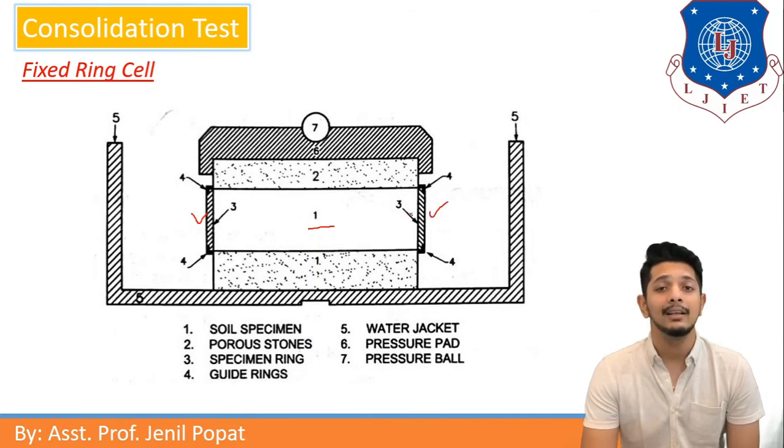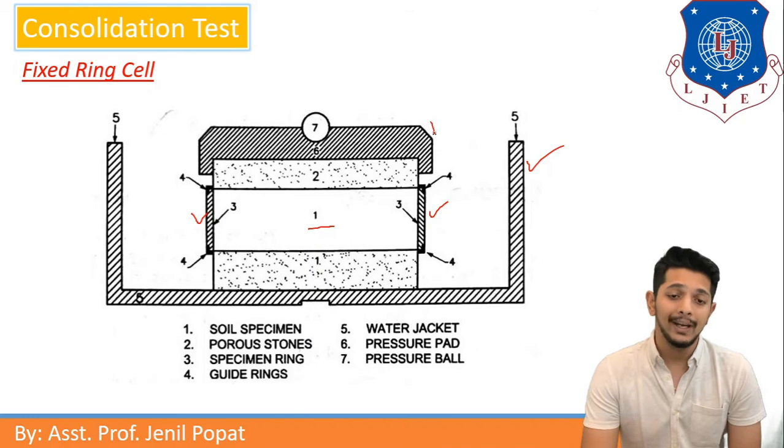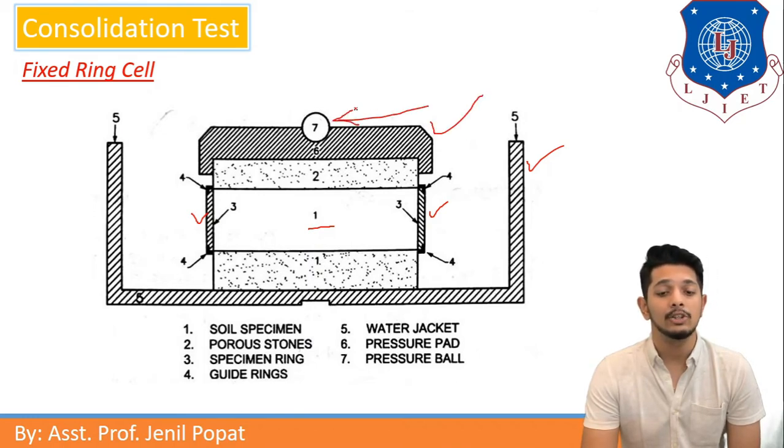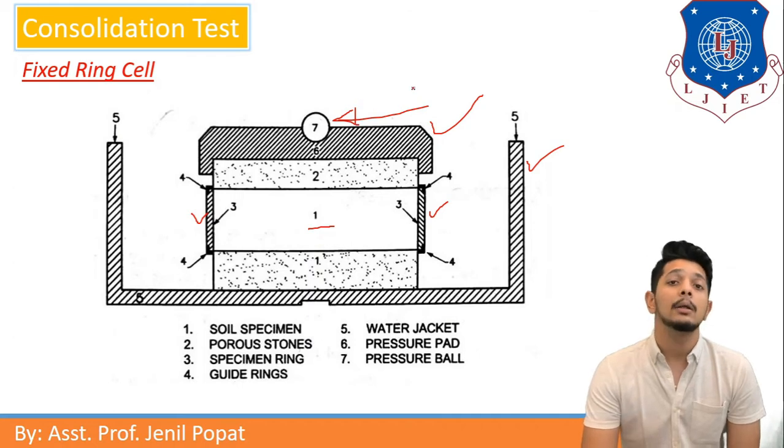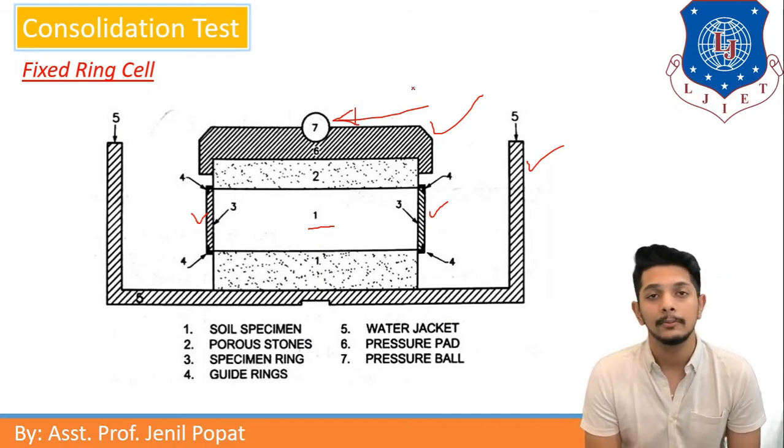Furthermore, it has water jackets and a base, same as item number 5. Furthermore, the pressure pad is item 6, and item number 7 is a pressure ball. Again, the ball will provide axial loading to the soil specimen.